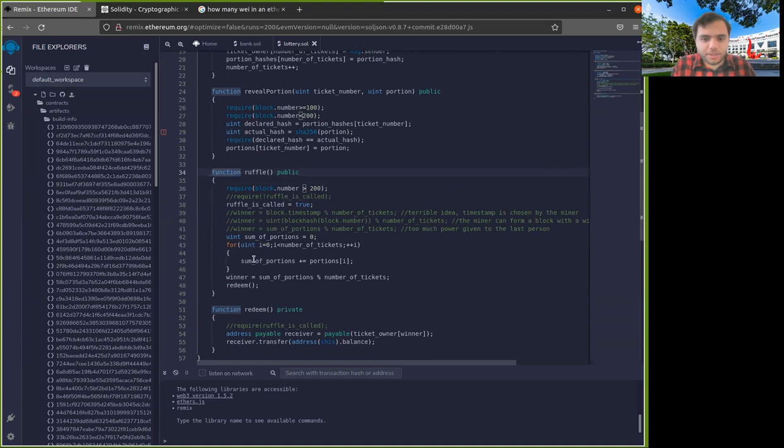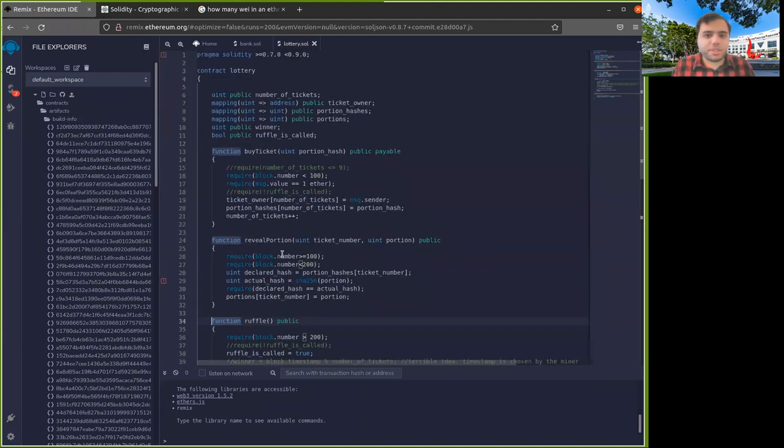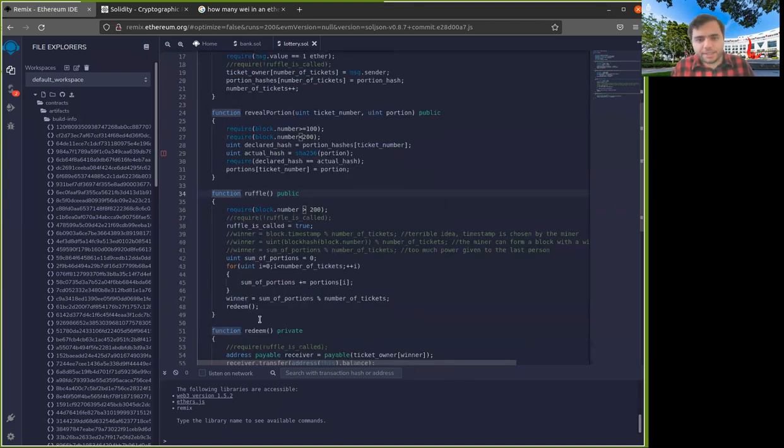And if no one can call this function, that means that the value cannot be redeemed. And so the money will just be locked into this contract, because as we talked about before, when you pay money to a contract, you can get it back only if the code of the contract lets you do it. And in this case, the contract just doesn't let you do that.